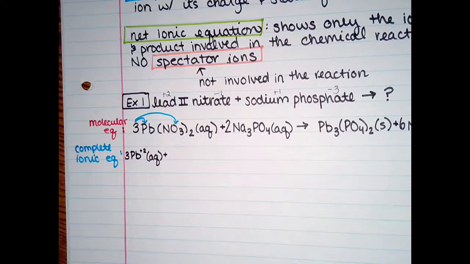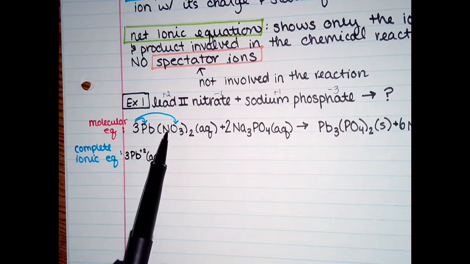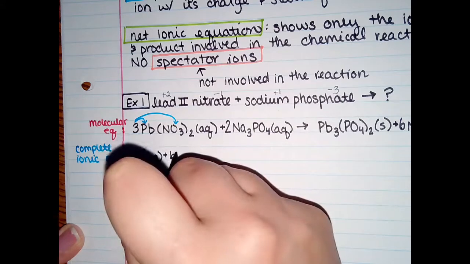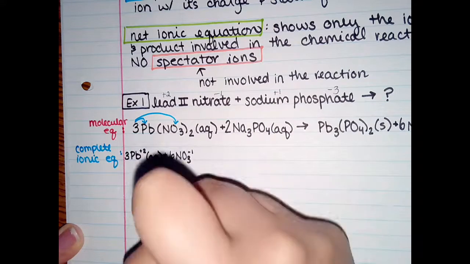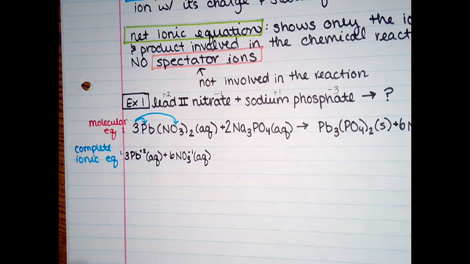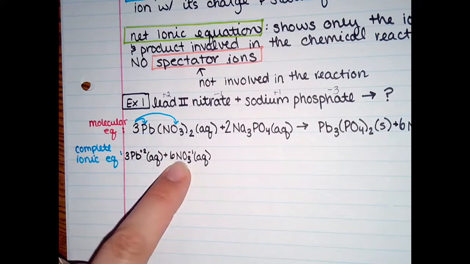Then, for nitrate, 3 times 2 is 6. So I have 6. Nitrate had a charge of -1. So for every 3 lead ions floating around, I have 6 nitrate ions floating around.